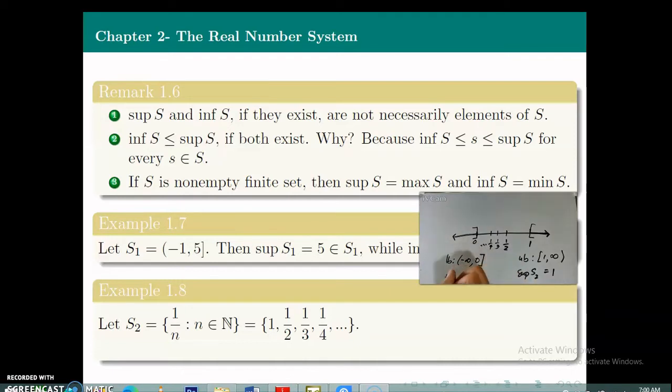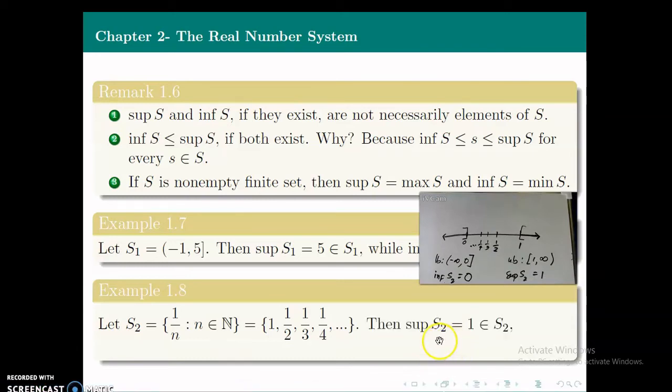So the infimum of S sub 2 is equal to the greatest among all the lower bounds, which is 0. So the supremum, 1, is an element of S sub 2, whereas 0 is not an element of S sub 2.